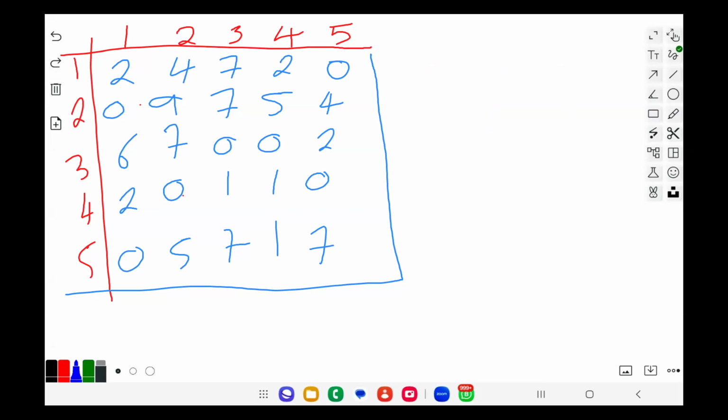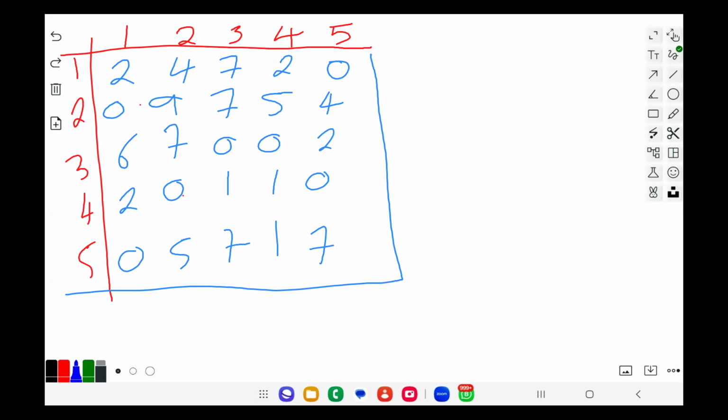Listen carefully. When you're doing the rows, you have to check if there is only 1 zero in that row. If there is 1 zero in that row, then you put a square on that 0, and then you draw a vertical line that will cancel the entire column.